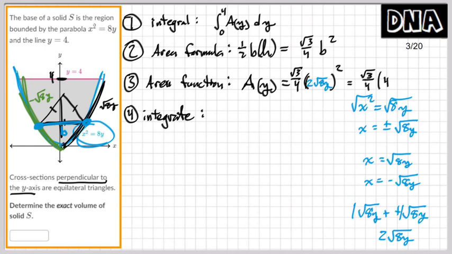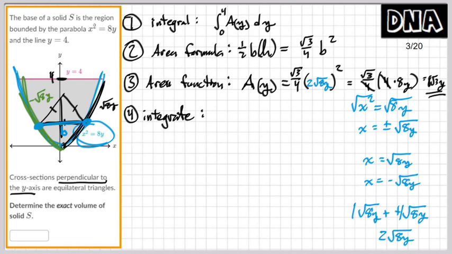We have 4 because 2 times 2 is 4. And what is the square root of 8y times the square root of 8y? 8y. Don't make it complicated. You're just squaring a square root. This 4 is going to cancel out with that 4, so I'm not going to multiply that 4 to the 8. That's just kind of annoying. And then I get 8 square root of 3 y. What? That's it? Yes, that's it.